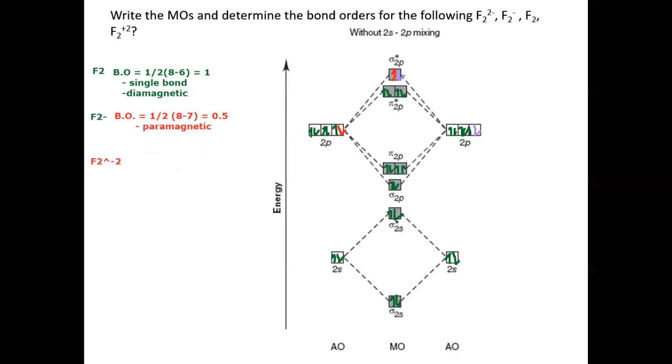So now the bond order becomes 0, and so this one does not exist because it has a bond order of 0. So now let me erase all the additional electrons we added.